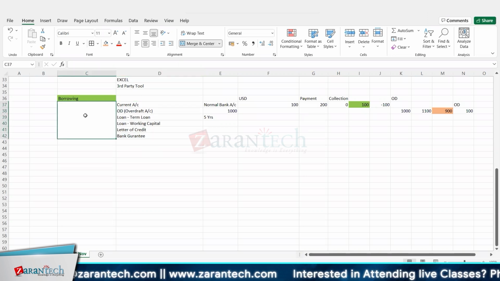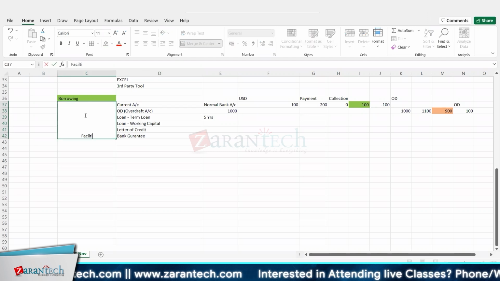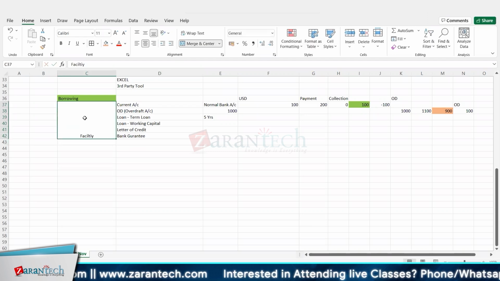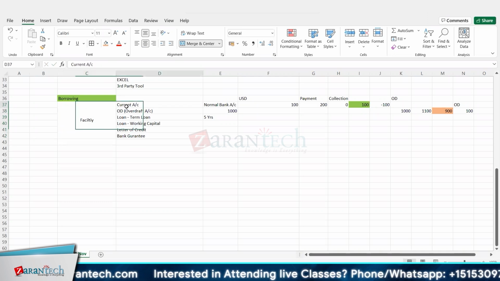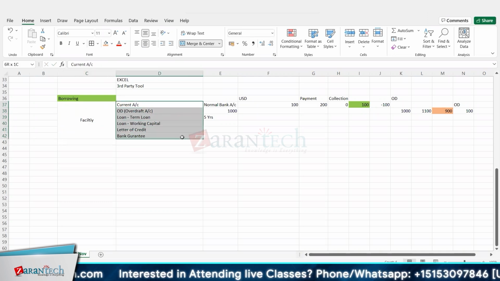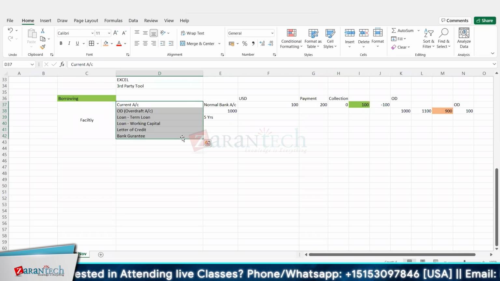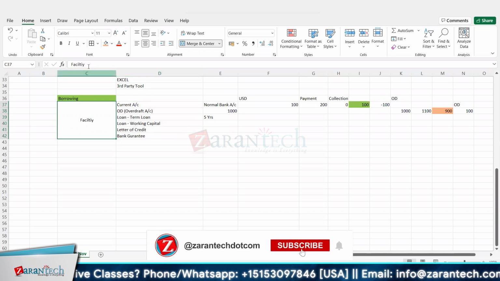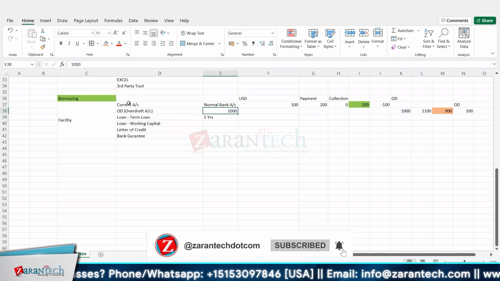So the bank will give you facility by providing all these kinds of loans, fund based and non-fund based, as part of your overall portfolio.